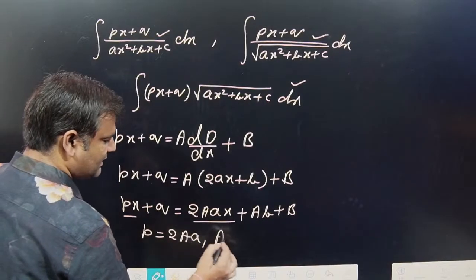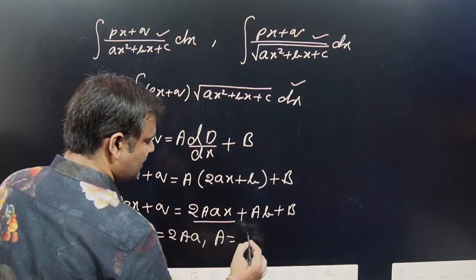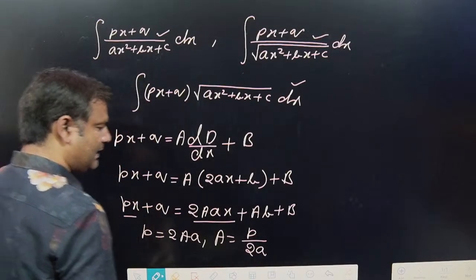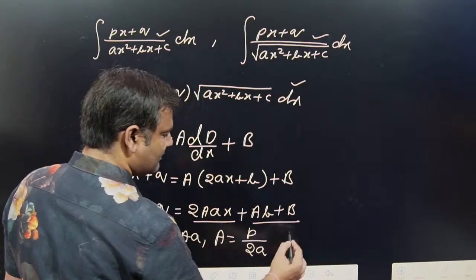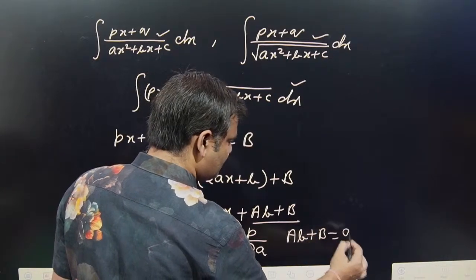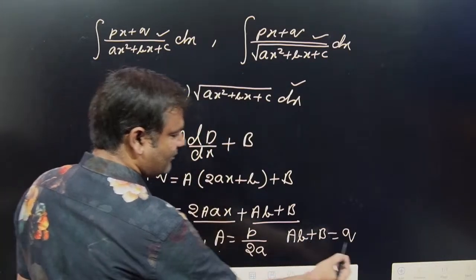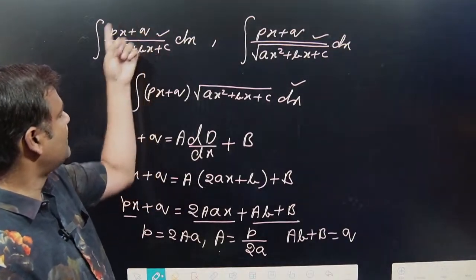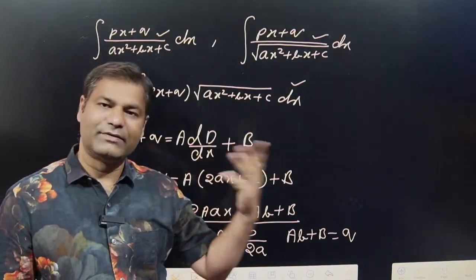So capital A is basically P upon 2a, and after that capital A into b plus B is equal to Q, and that value put here and find out B, and this value replace in that one, and after that solve.